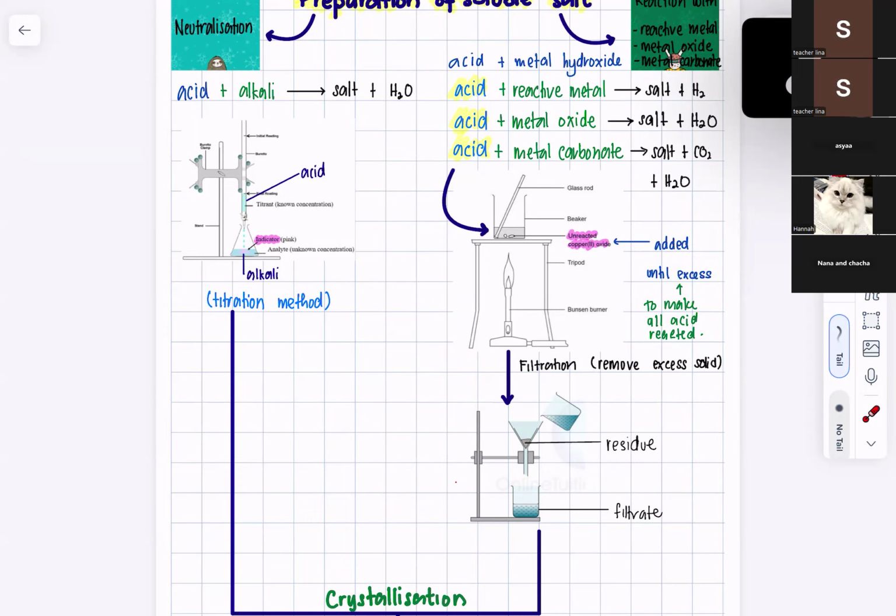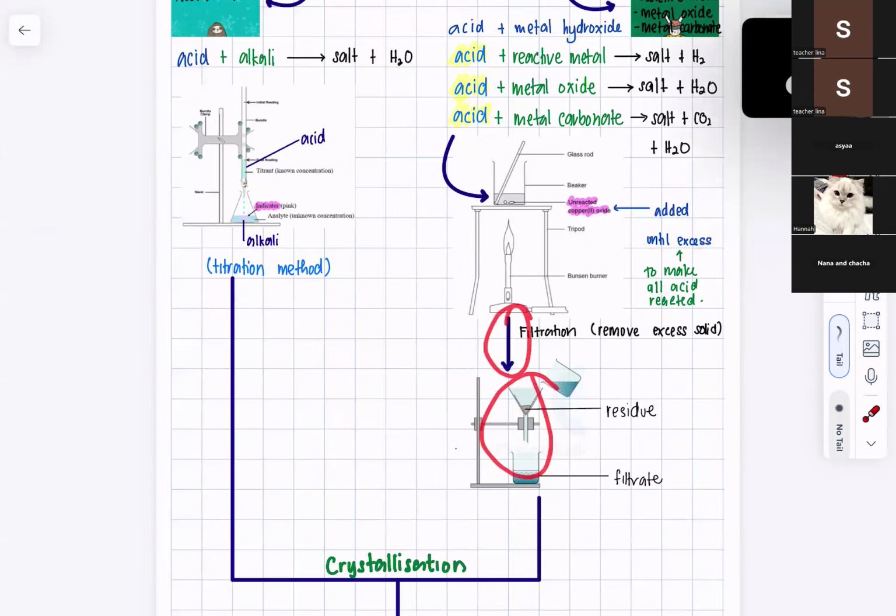And then you need to do the filtration, to remove the excess solid. You have a residue here, then you have a filtrate.